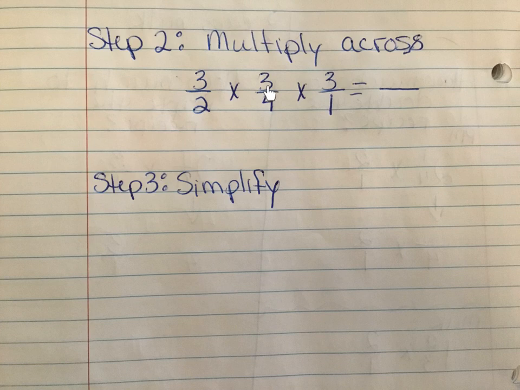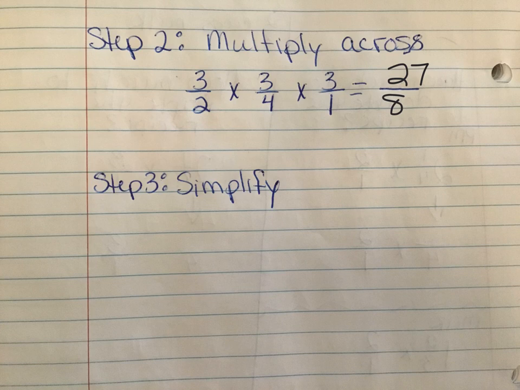And then we have 9 times 3 is... I hope you wrote 27 down, not just waiting for me to give you an answer. And then we multiply our bottom numbers. 2 times 4 is 8. 8 times 1 is... And then we go on to our step 3.